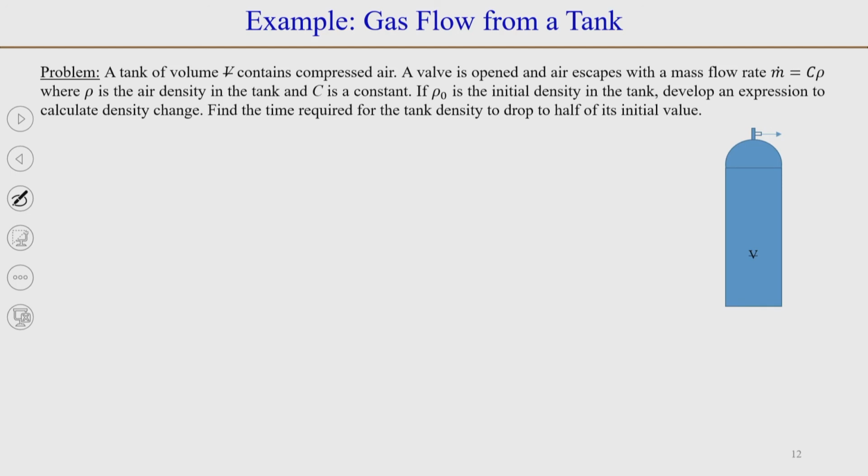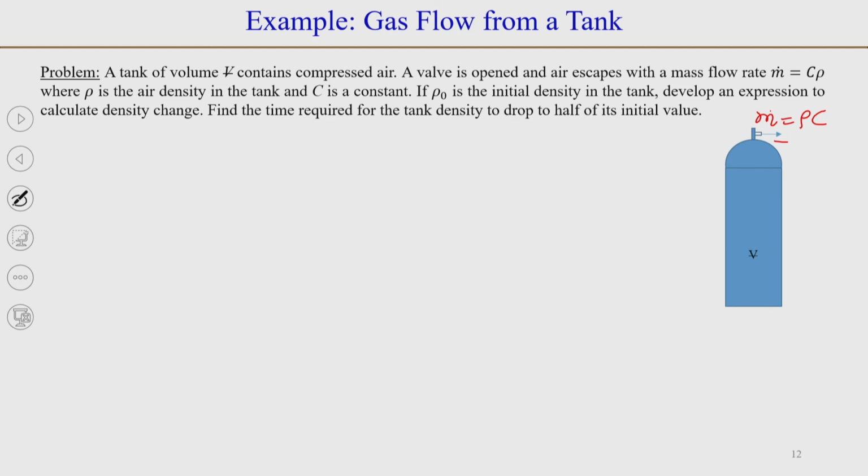A valve is there at the tank and this valve is opened and the air starts escaping. The mass flow rate of the air escaping is equal to rho into C, where rho is the air density in the tank and C is a constant. They suggest that the initial density when the valve is opened, the density in the tank, is rho naught.